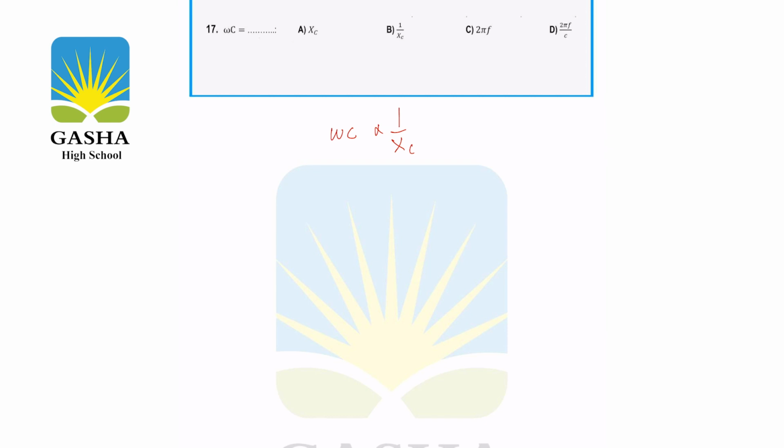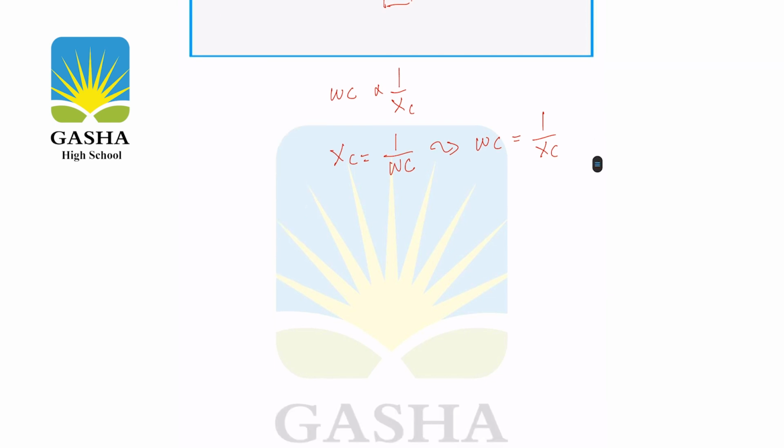From the rule, XC is equal to 1 over omega C. So that means omega C is equal to 1 over XC. So B is the correct answer for question number 17.